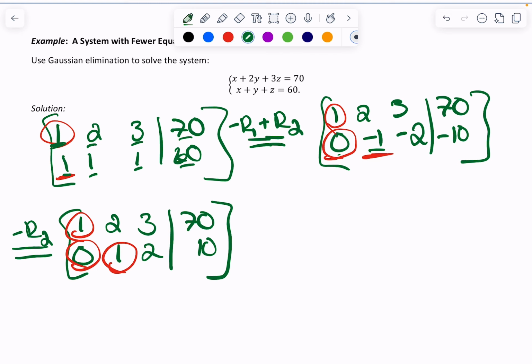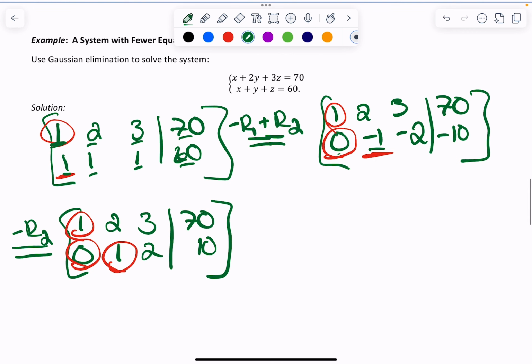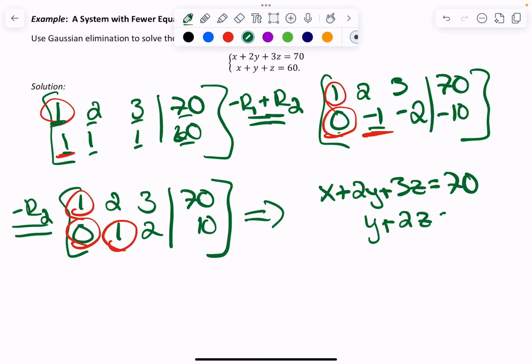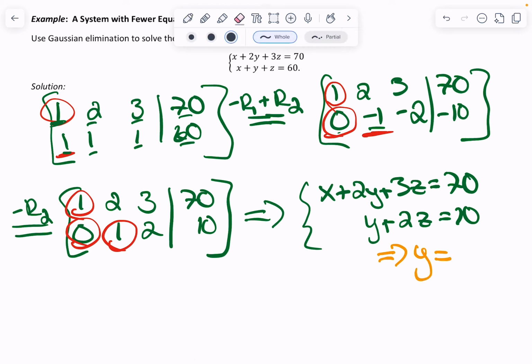So what we're going to do now is write them as the linear equations that we got. X plus 2y plus 3z equals 70. And we've got y plus 2z equals 10. And again, from these two, we're going to solve the second equation for y.